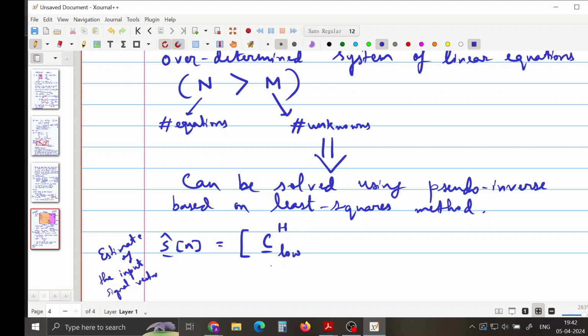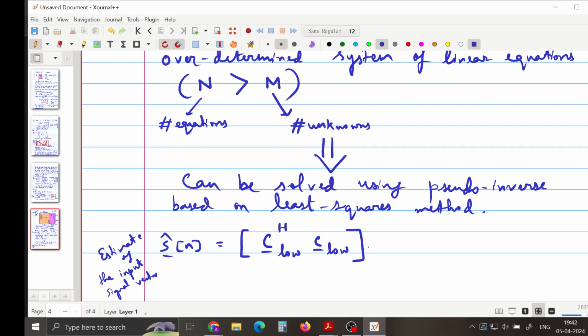Dagger is also transpose conjugate. I think in the lectures we have used dagger notation, but since in the other question in today's session I have used Hermitian, which also means transpose conjugate, I'll stick to Hermitian only.